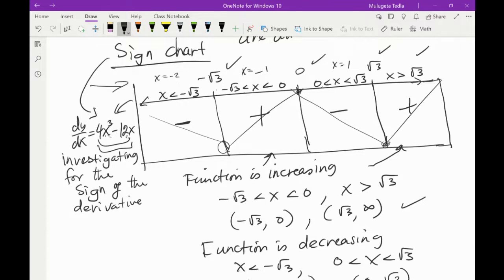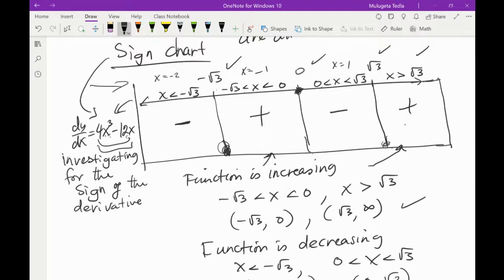But at 0 it's a maximum, because the slope is up and going down right after. So this must be the maximum point. The slope is down at negative root 3 and then up after. So this is a minimum.